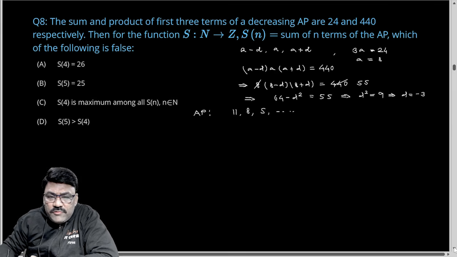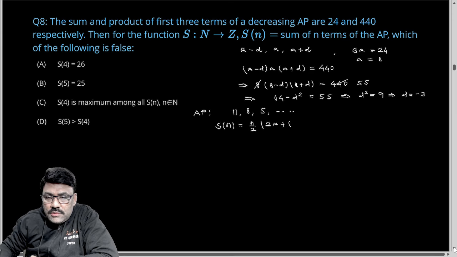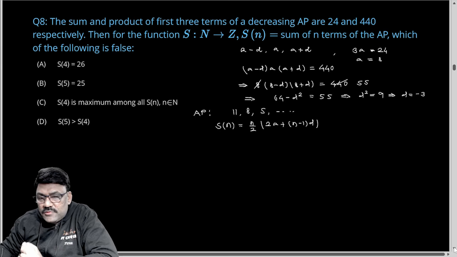Let's see, Sn will be n by 2 (2a plus (n minus 1)d). Sum of n terms of AP: n by 2, 2a plus (n minus 1)d. A is 11, so 2a will be 22. (n minus 1)d, d is minus 3, so minus 3n plus 3.